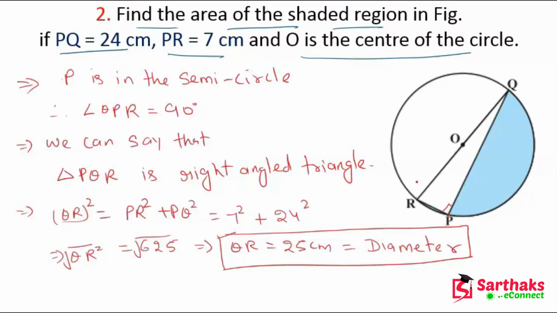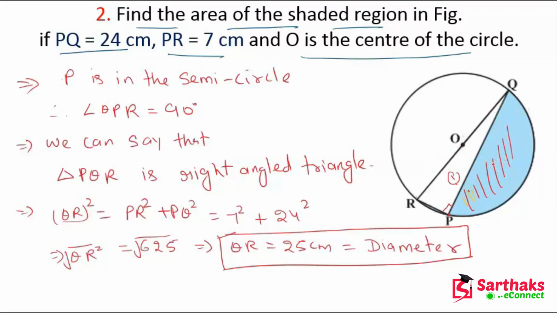So with the help of this diameter, we can easily find the area of the semicircle. So how can we calculate the area of the shaded part? Let's suppose this is the shaded region. Yes, this is the shaded region. So we can calculate this part by subtracting the area of the triangle from the area of the semicircle.